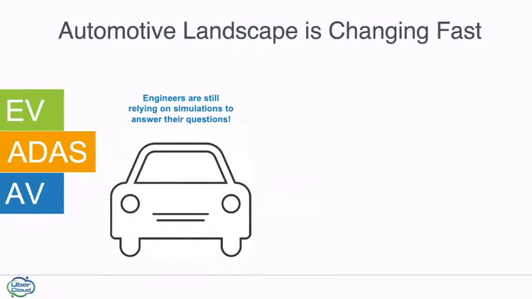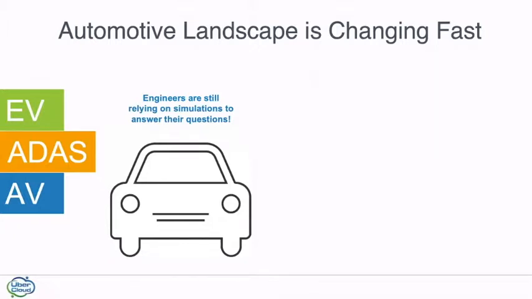So one thing that hasn't changed is that engineers are still using simulations to answer their questions. On top of the old questions, such as how do I ensure structural feasibility? How do I keep occupants safe during a crash? How do I reduce weight for fuel efficiency? How do I cut emissions?